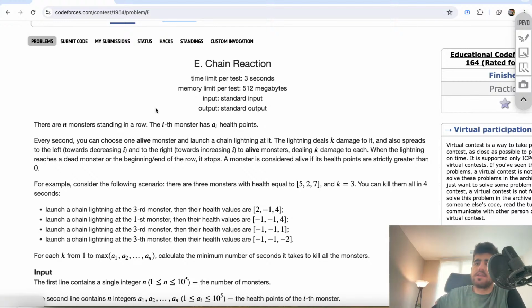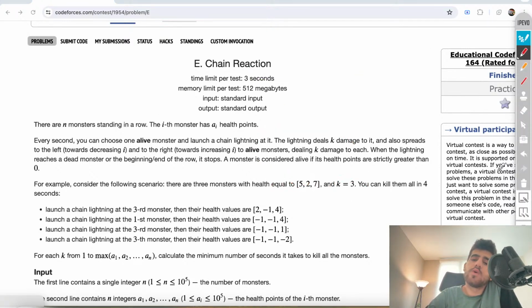The first fact that comes to my mind is that between each two neighbors, the one which has less health will die sooner. For example, if the health of this one is 3 and the health of this one is 5, this one will definitely die sooner, or not later than the other one. Right?